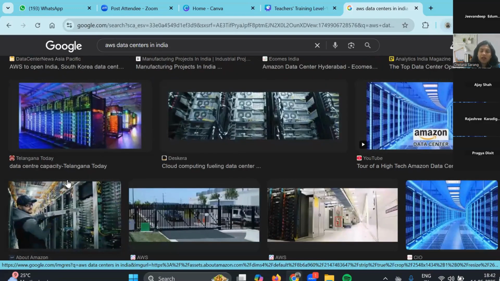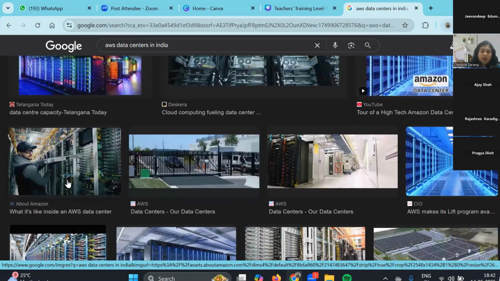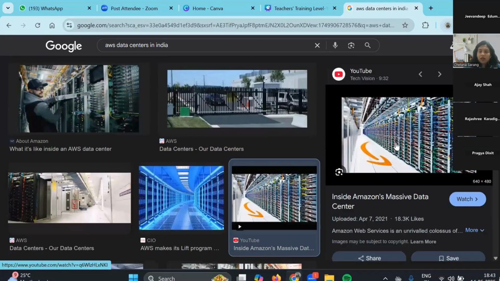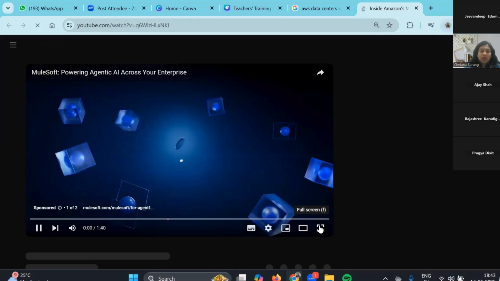They are scaling it up. Mumbai, Chennai, Hyderabad, Delhi, Bangalore. Okay. So they are actually scaling it up. If you see, the data centers are like this, very, very difficult to manage all this infrastructure. So nobody actually likes to build their own cloud system.